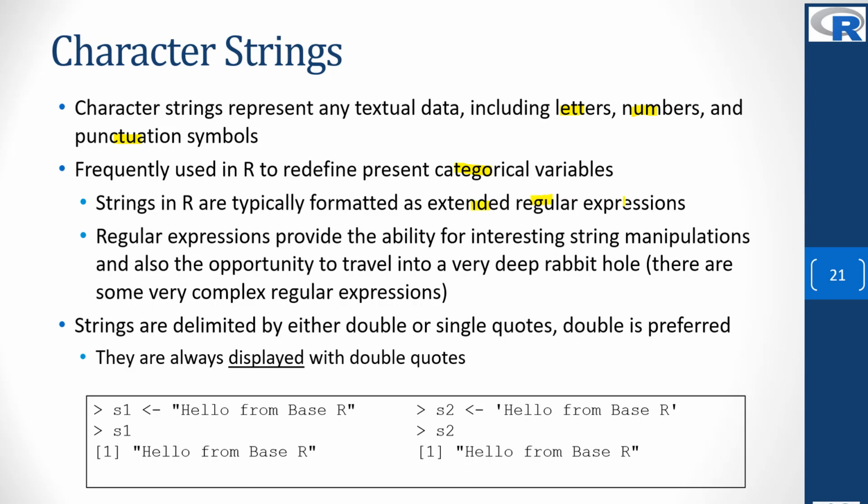Most of the time we'll just see them as regular strings, but they can take the form of something that represents something much more complex. Regular expressions are almost a programming language in and of themselves that allow us to manipulate strings, look for patterns, recreate patterns more efficiently, but they can be very complex.